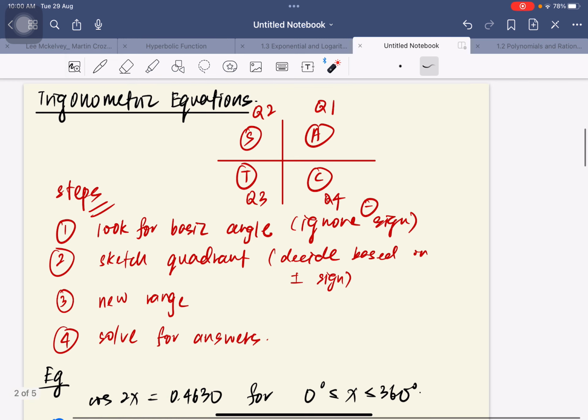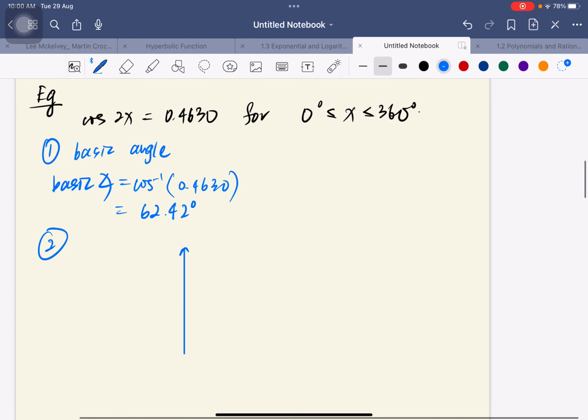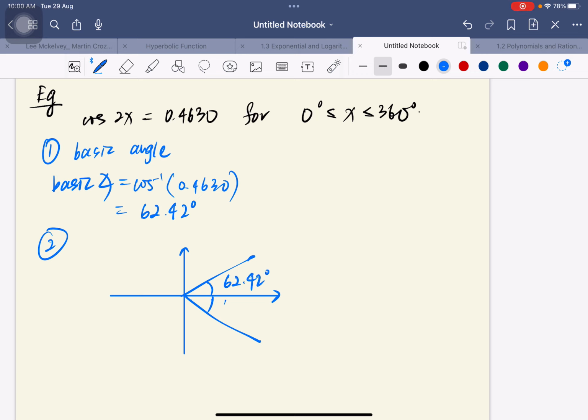So we choose quadrant 1 and quadrant 4. We sketch and draw the reference angle, and note that the reference angle is always attached to the horizontal axis. So here is where our 62.42 is, and here also.